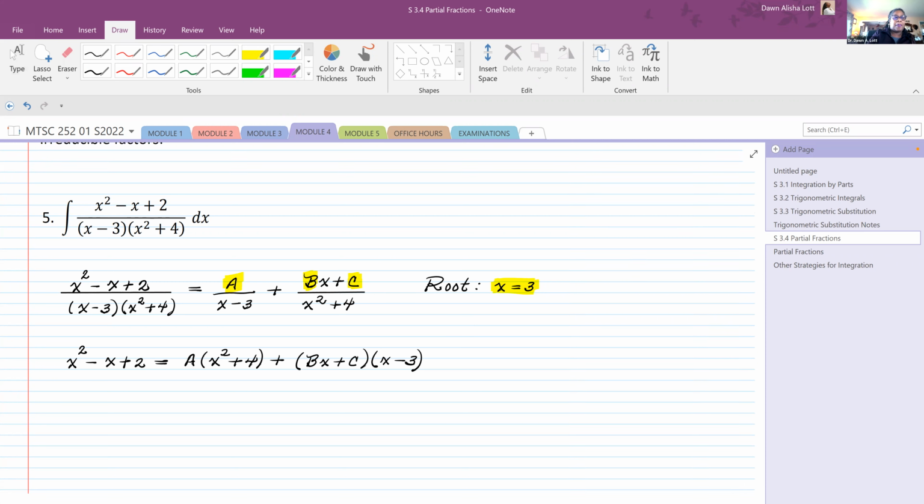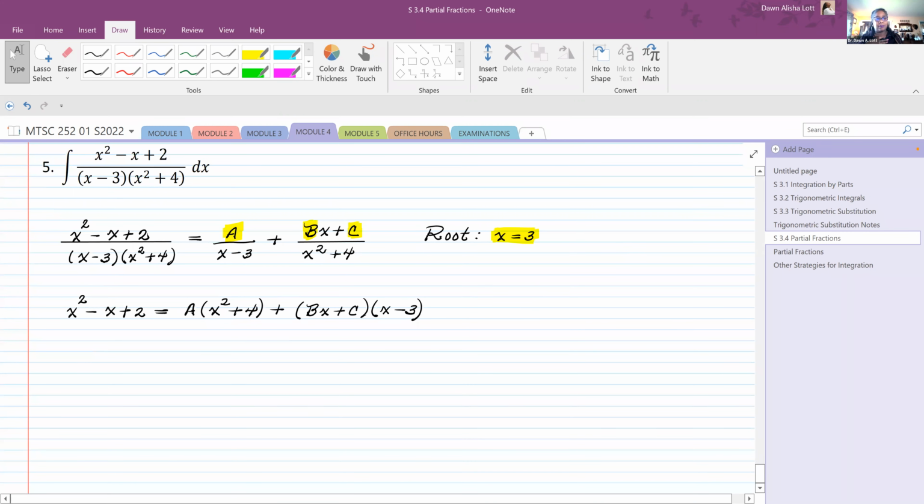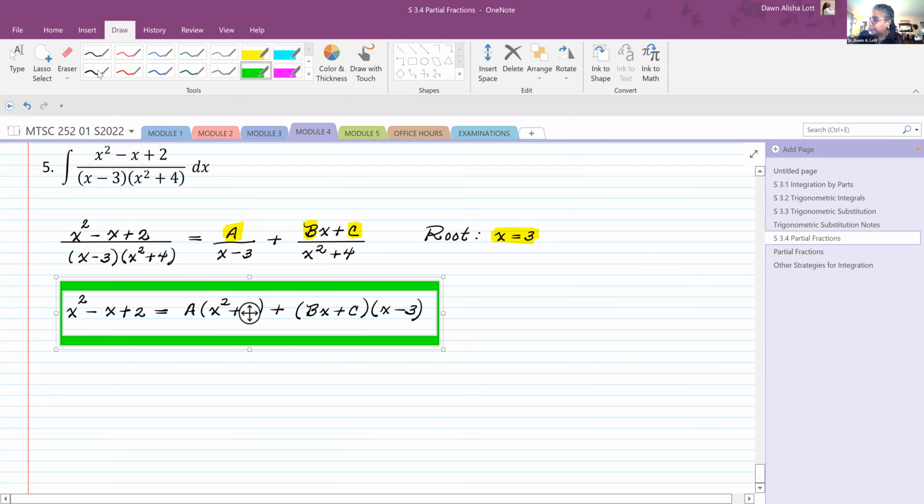Okay. All right, any questions? All right, so we found the major equation. And that's good for us. So now we want to let x equal 3. So x equals 3, we get 3 squared, that's 9, minus 3 plus 2.